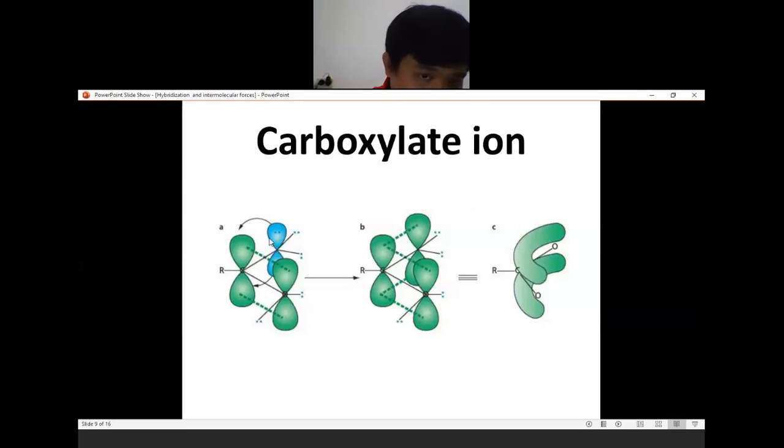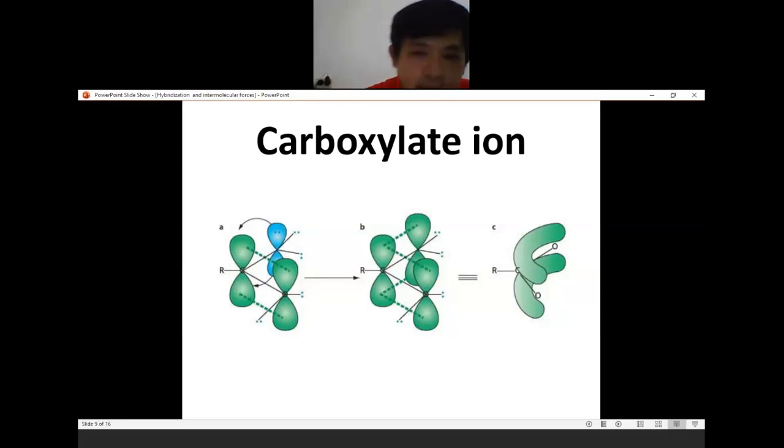And then, what does this curved arrow mean? The arrow means the electron can go inside here, can go to the C, and then the electron from the C is being pulled by the other oxygen atom within the carboxylate ion.